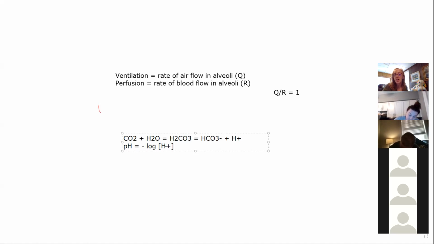So as the hydrogen ion concentration goes up, the pH goes down, because remember, the value for pH is inversely proportional to the hydrogen ion concentration. So as the hydrogen ion concentration goes up, the acidity goes up. So as carbon dioxide goes up, the acidity is going to go up. Do you see that? Yes.